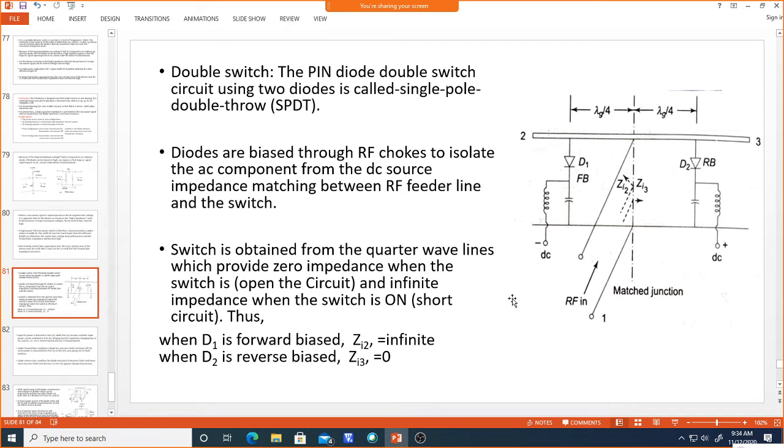Now these diodes are biased through the RF chokes, to isolate the AC component from the DC source.